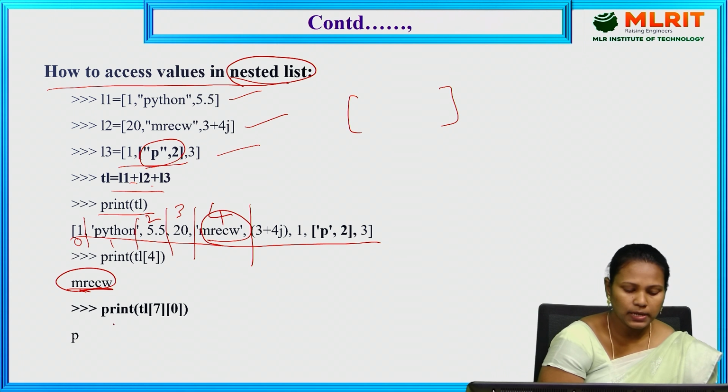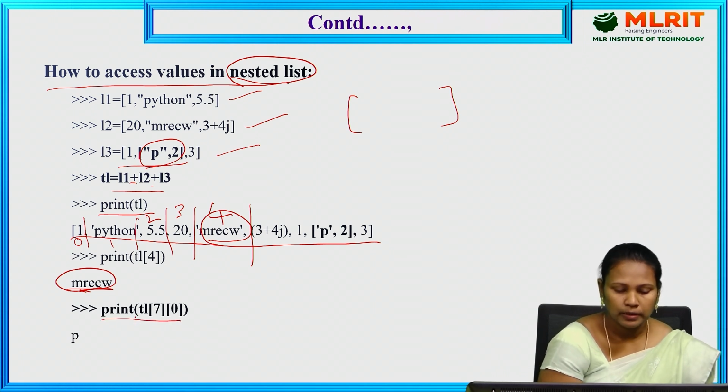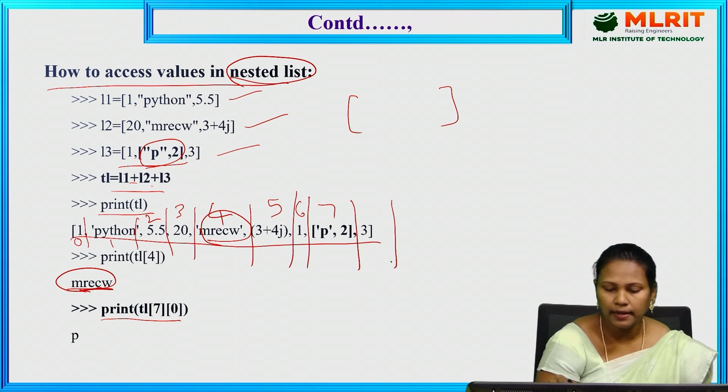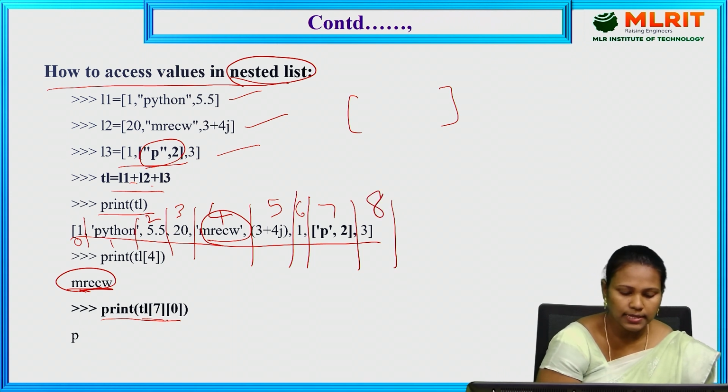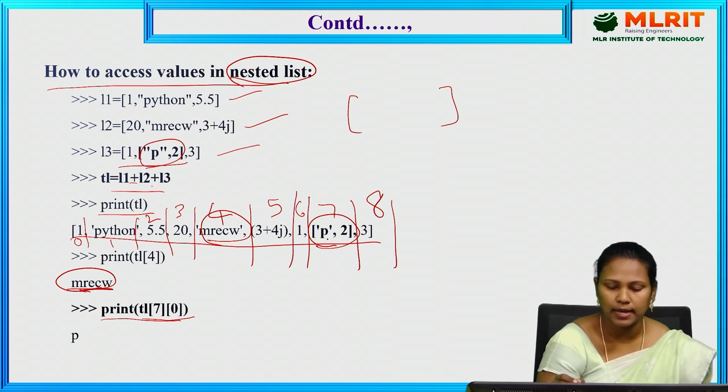The next one is print T1 of 7 of 0. This is the 5th index, 6th, 7 and 8. So we are accessing 7 of 0. 7 is the nested list, in which 2 elements are there. Again it starts from 0 and 1.